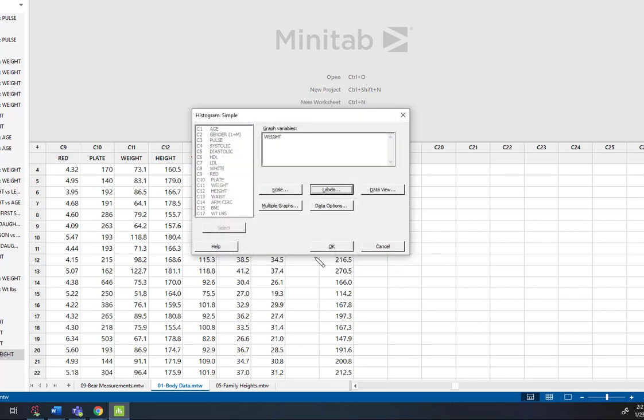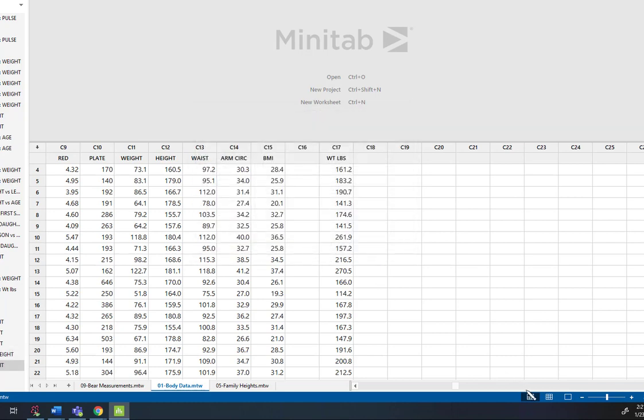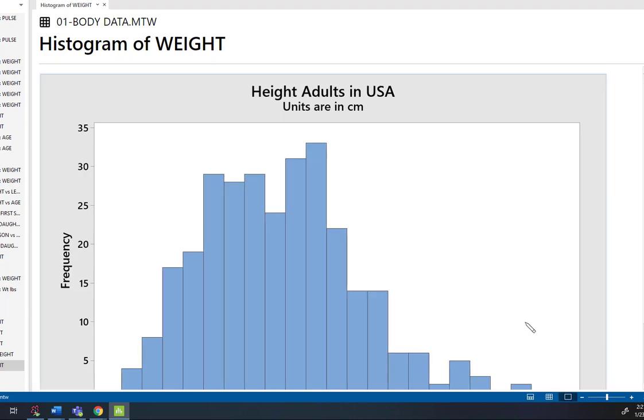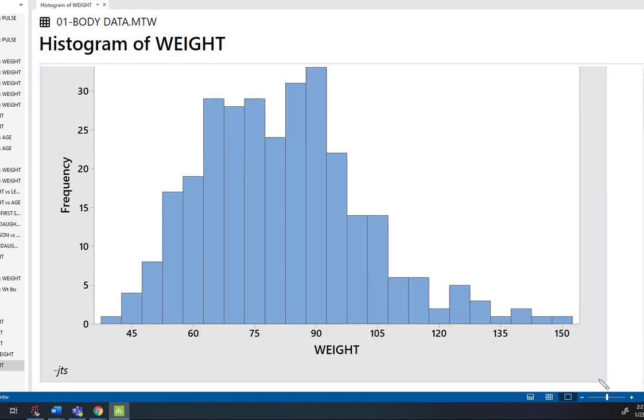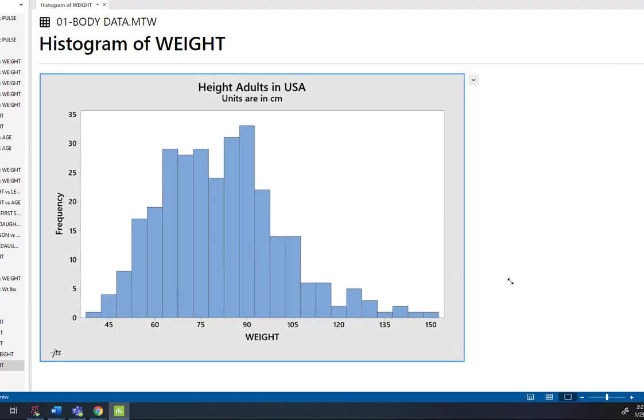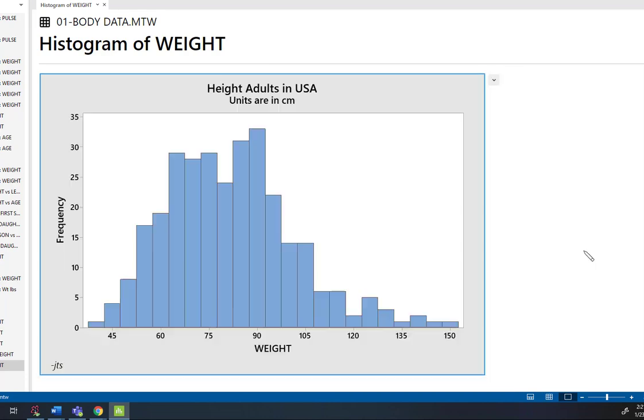All right, so now we've got labels, and we'll say OK and OK again. And here is our picture, and let's squish it a little bit so that it fits nice. And there's our picture. And then the question would be, is that normal data?